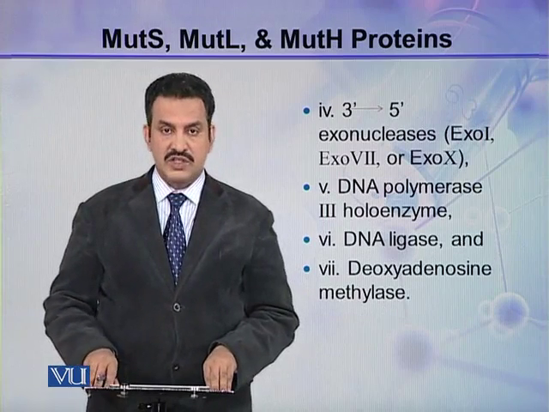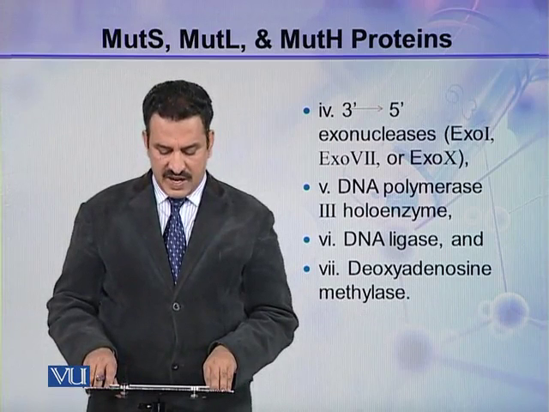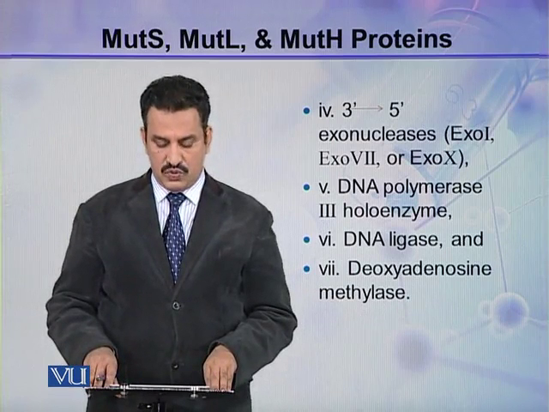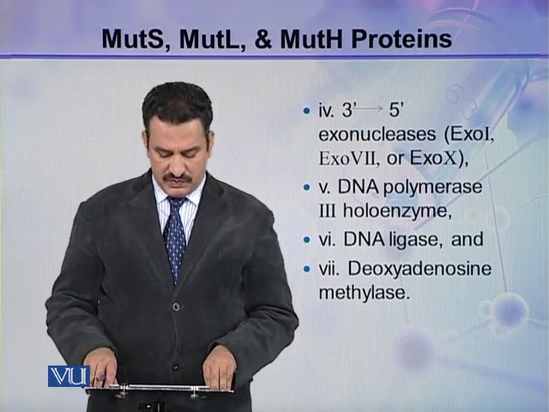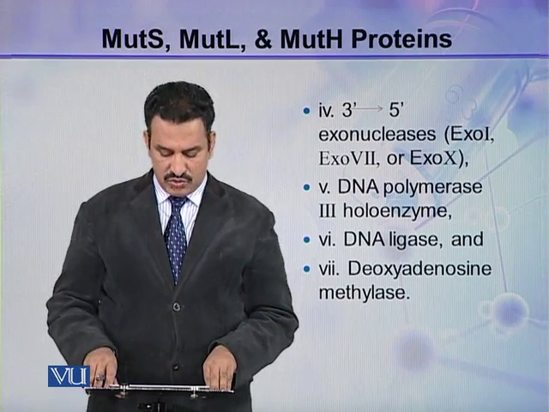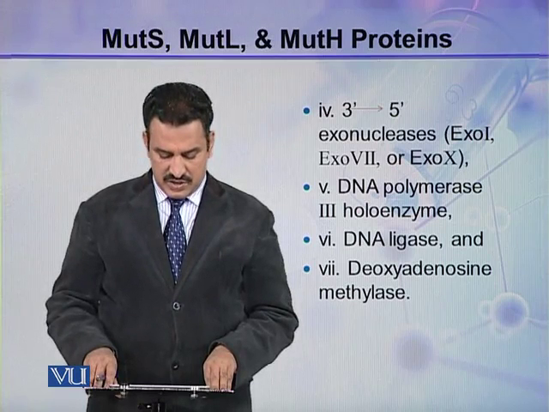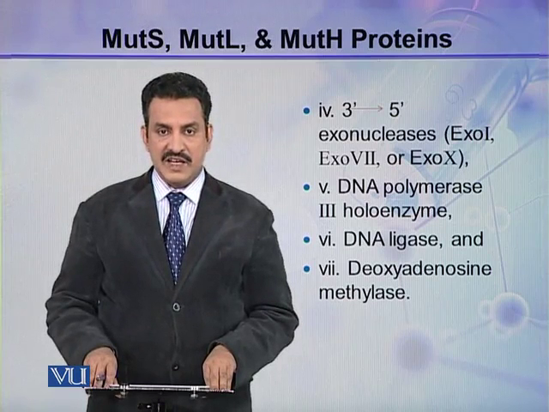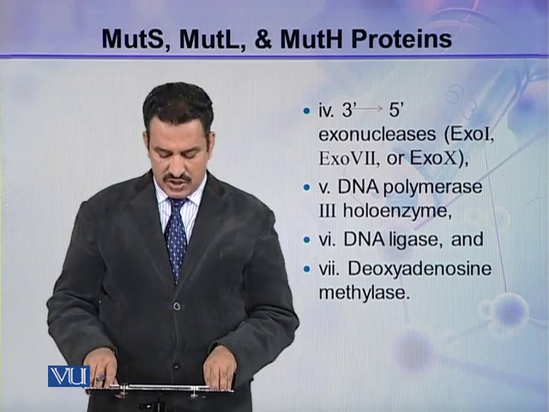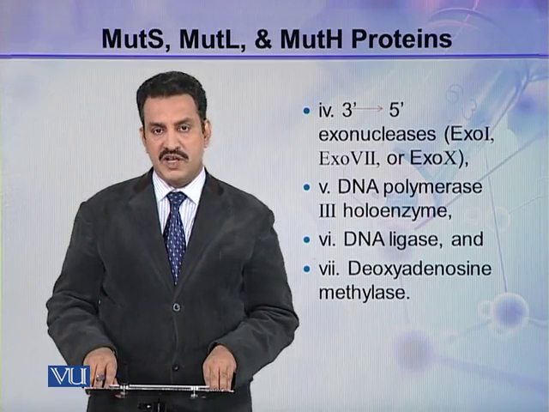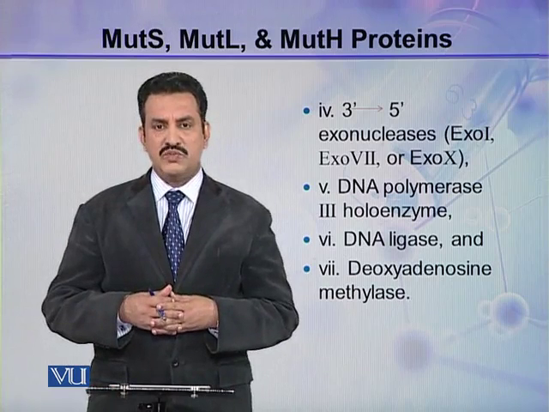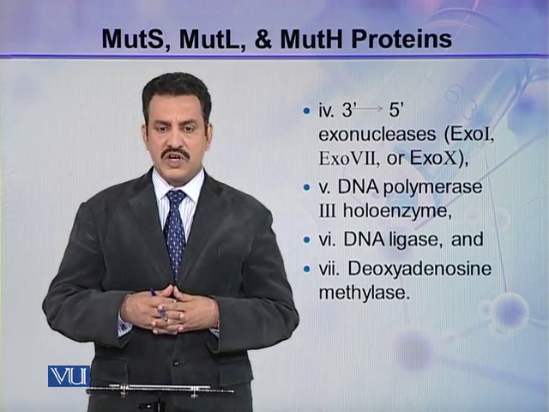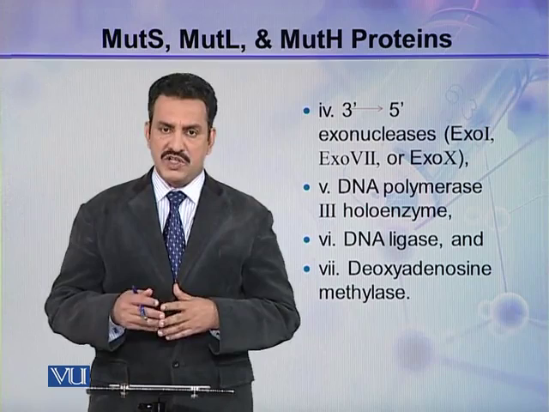The fourth one is 3' to 5' exonucleases, that is Exo I, Exo VII or Exo X. The fifth one is DNA polymerase III holoenzyme. The next is DNA ligase, and finally deoxyadenosine methylase. So there are a number of enzymes and protein factors involved in this mismatch repair system in E. coli.